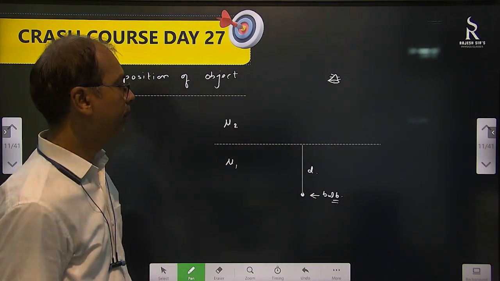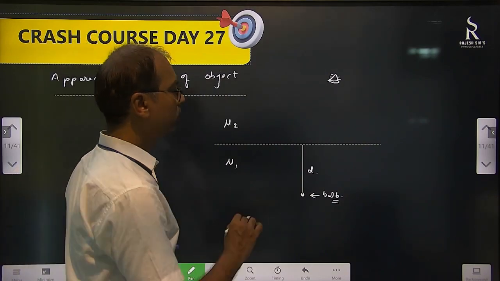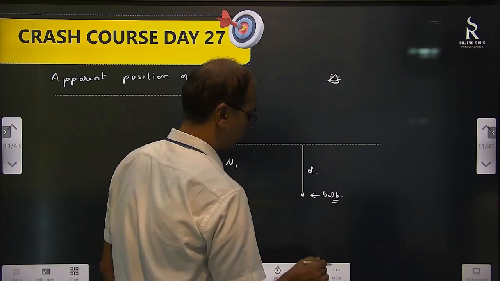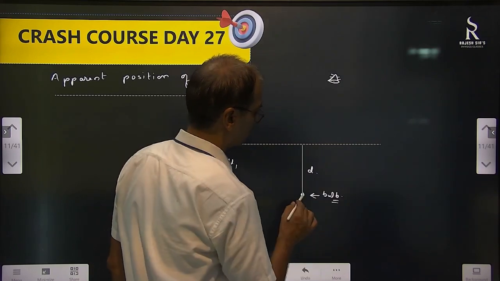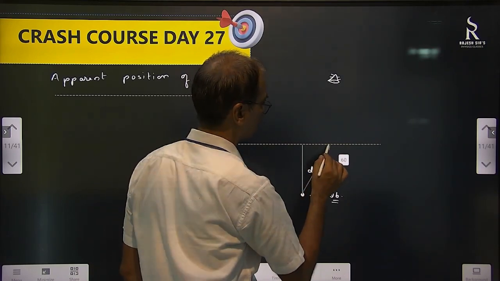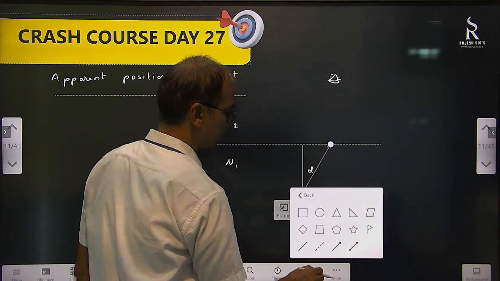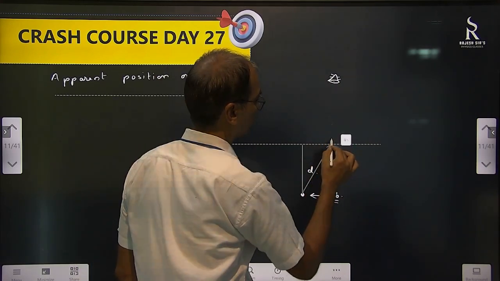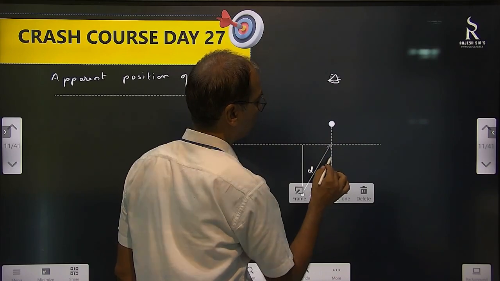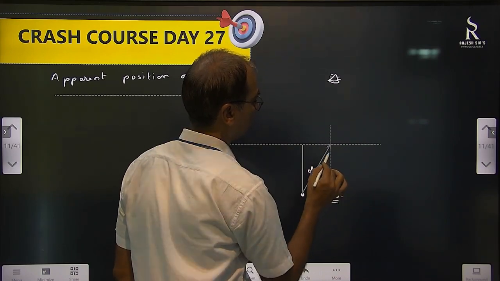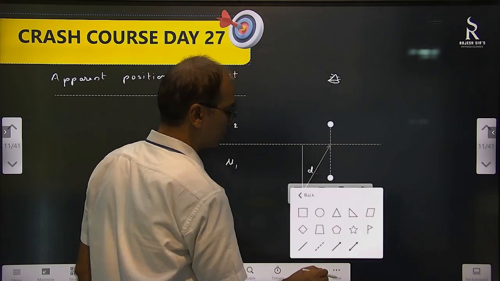So what will happen then? In that case, it is going to deviate from its path. Suppose we take one of the rays, which is going out, something like this. Now because of the medium, it will deviate from its path. So which light will go to him? Deviated light, obviously.